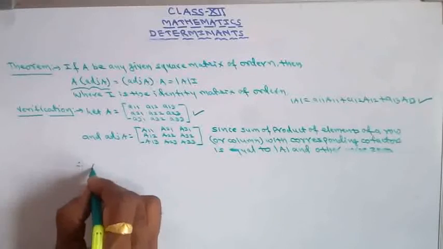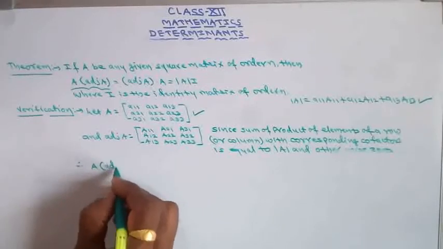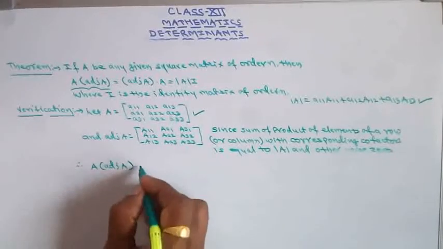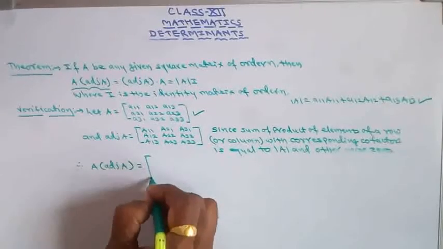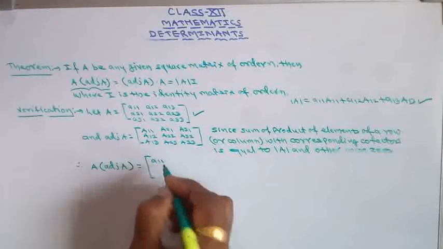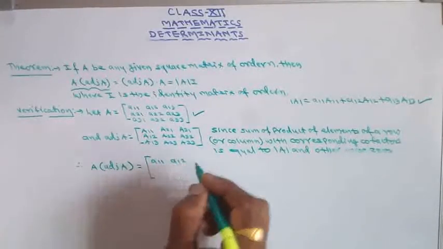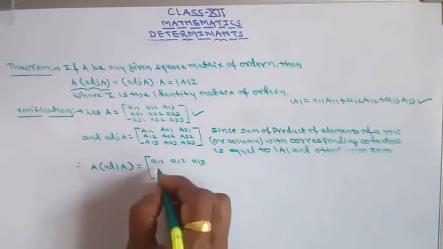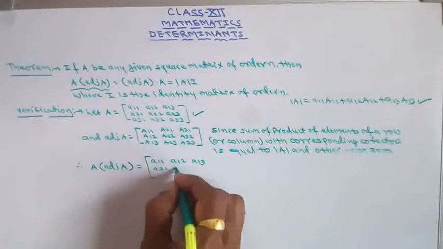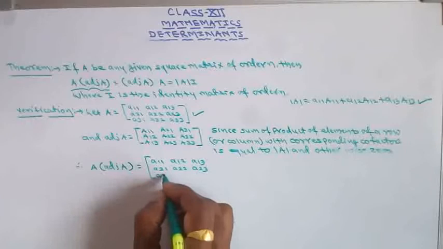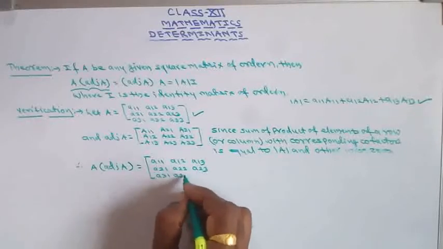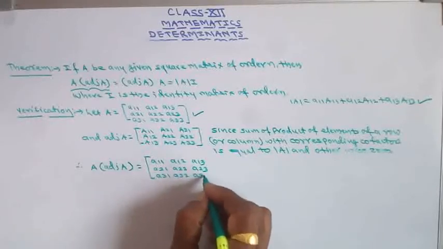Therefore, A into adjoint of A. A is a11, a12, a13, a21, a22, a23, a31, a32, a33.